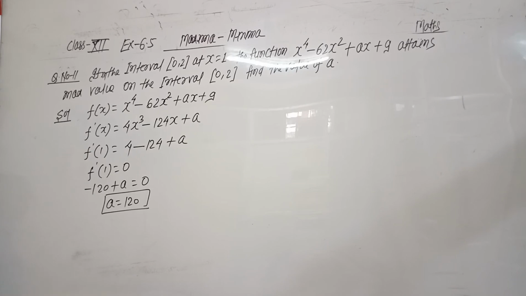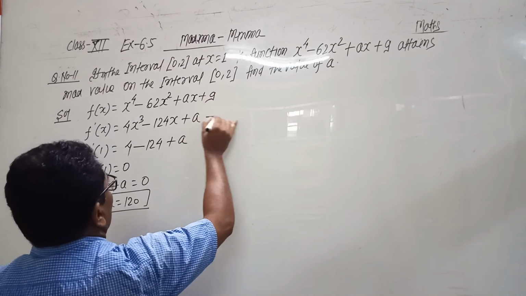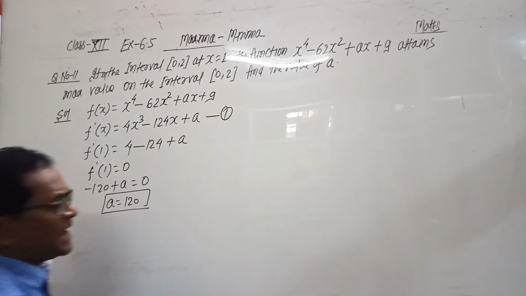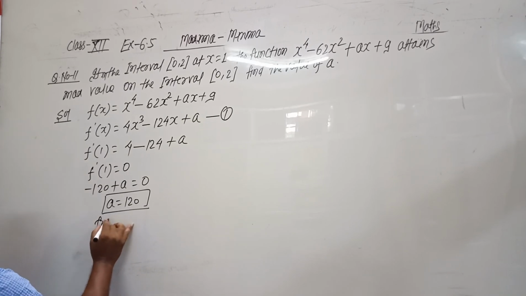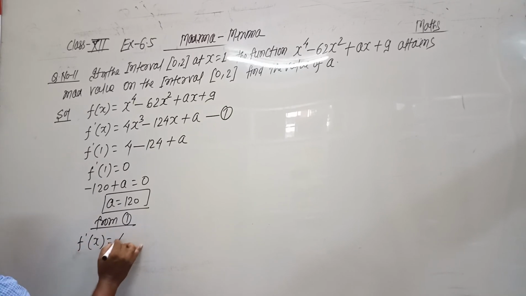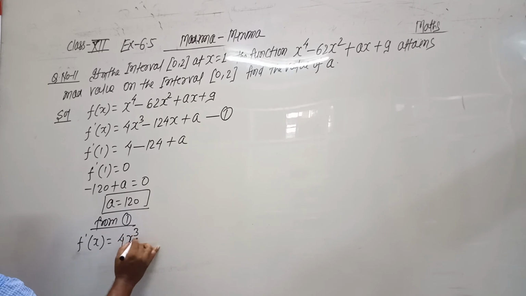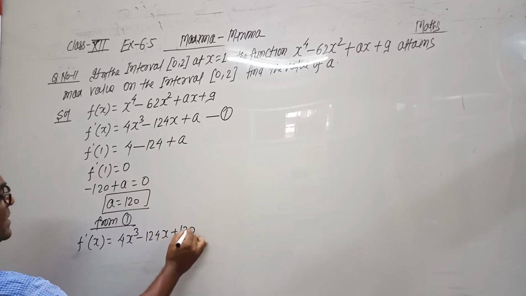So we put the value of a in the first equation, so f dash x equals 4x cube minus 124x plus 120.